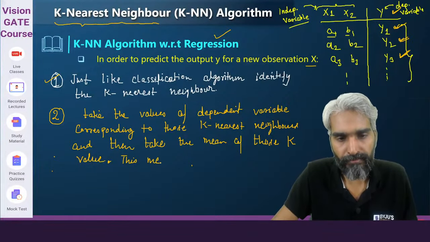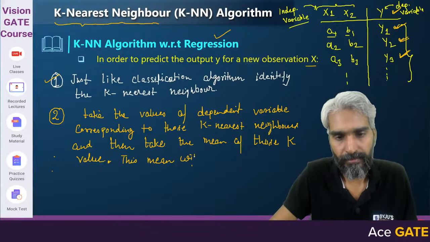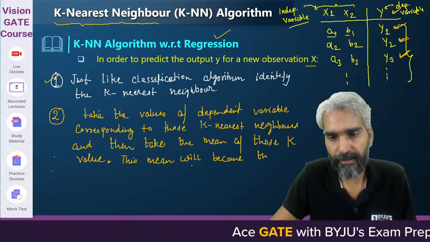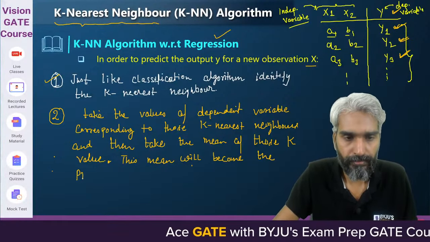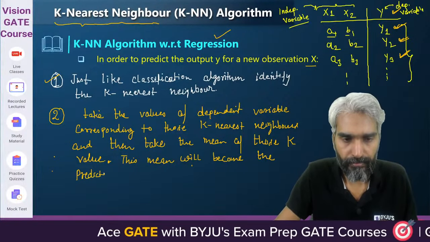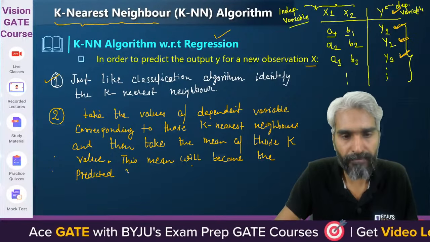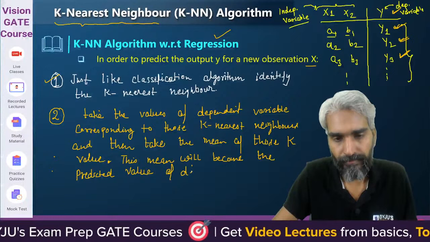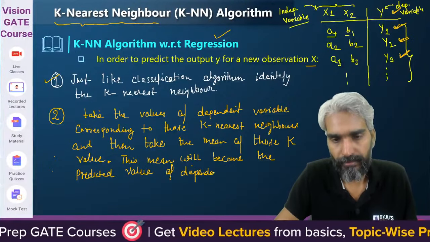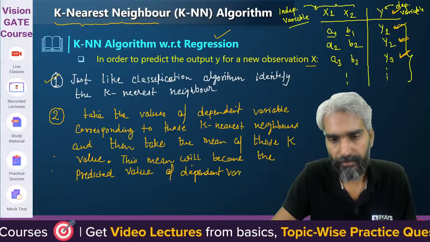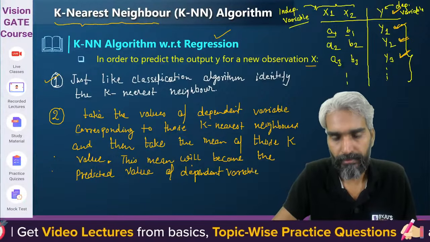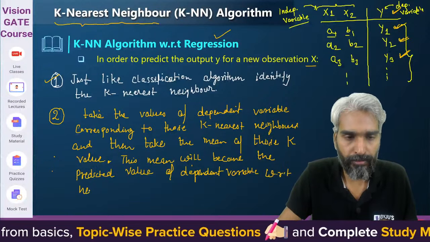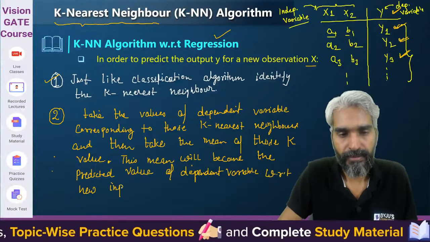This mean will become the predicted value of the dependent variable with respect to the new input x. Simple case.